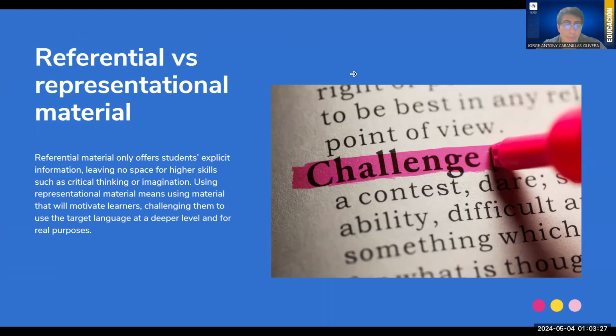And representational material means using material that will challenge students to think at a deeper level and use the target language for real purposes.